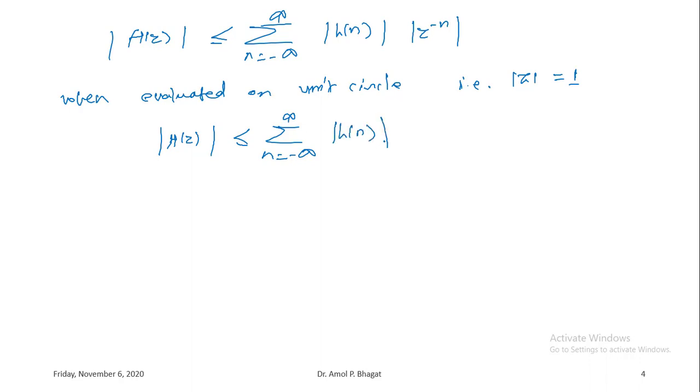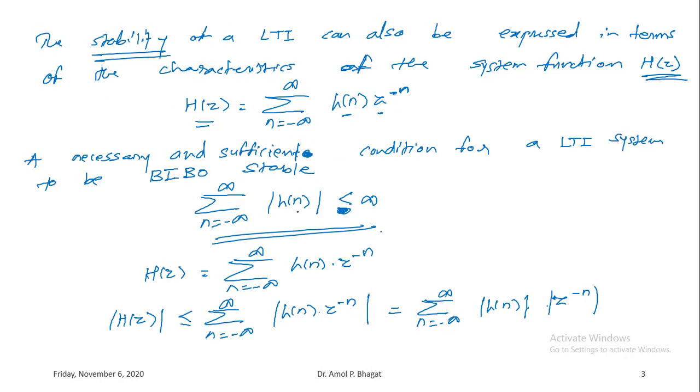Okay, so when talking about the stability of an LTI system in the Z domain, or in terms of its system function, if the system is bounded input, bounded output stable, the unit circle is contained in the ROC of H(z), because as we have seen, h(n) should be a finite sequence.